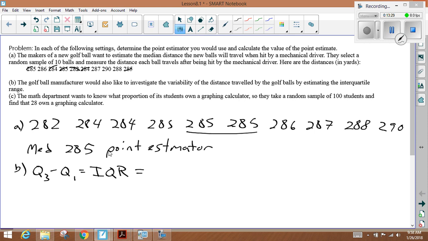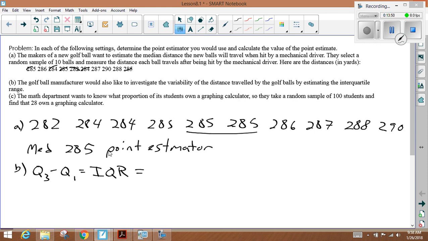So the 1.5 IQR you're going to use, right? If you have a value that is below or above 1.5 IQR, it's an outlier, right?